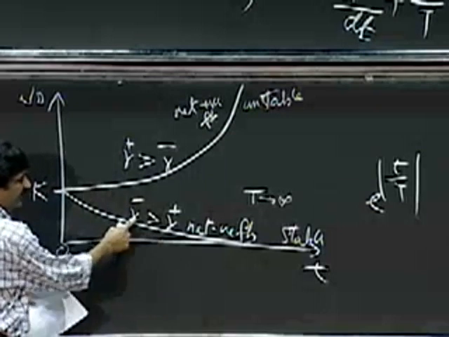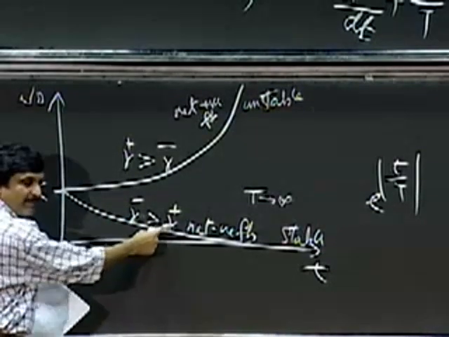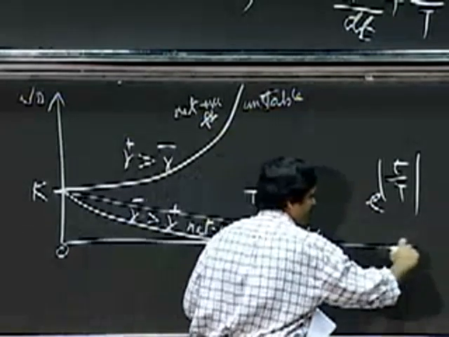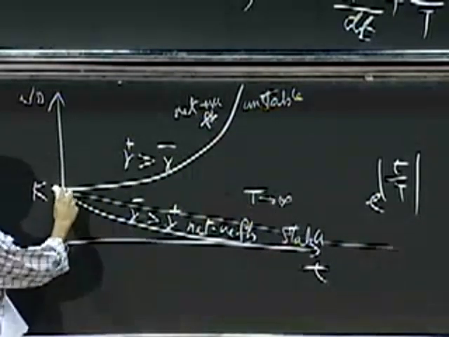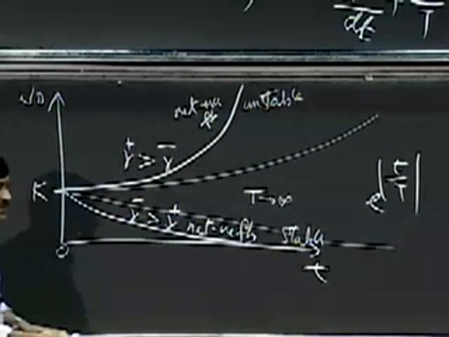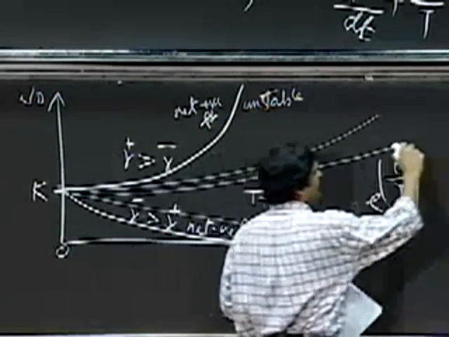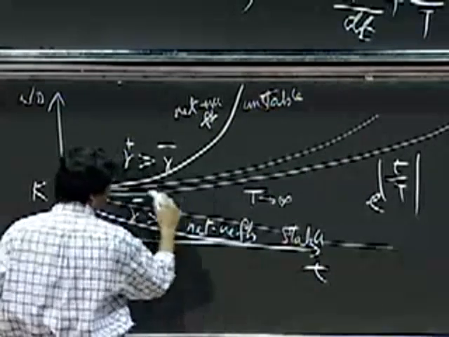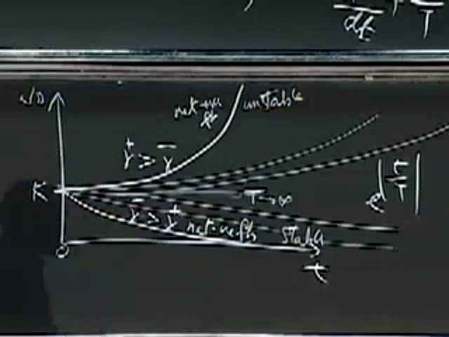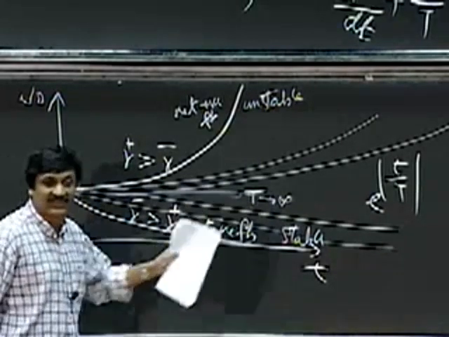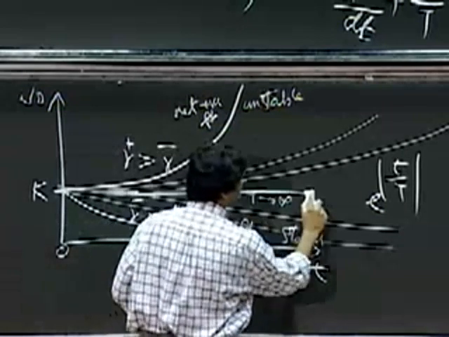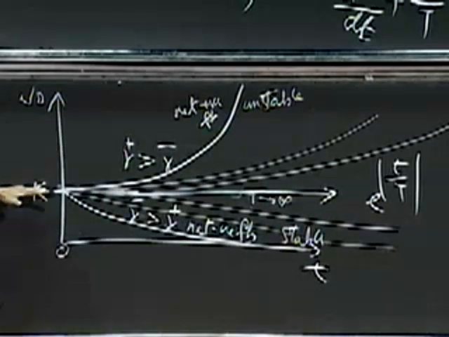So if gamma plus is greater than gamma minus, with a huge time constant, the output is going to look like this. I make T even larger, and it's going to look like this. I make T so large that 1 over T tends to 0, in which case T tends to infinity, and I get this situation.